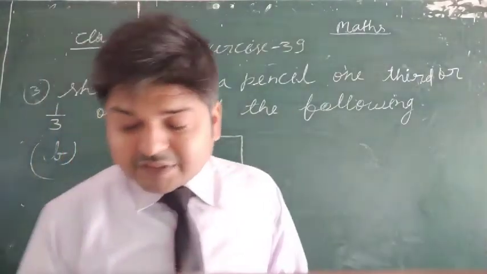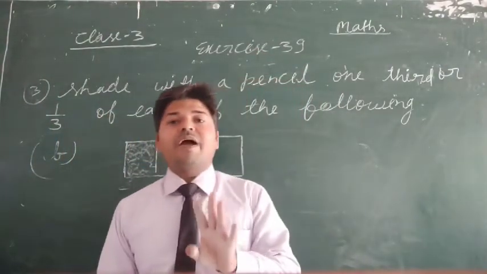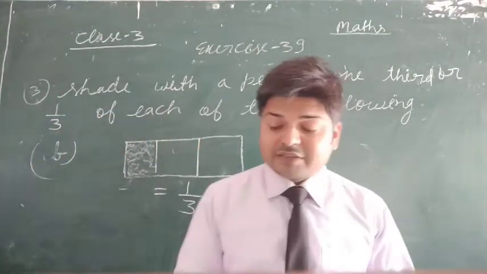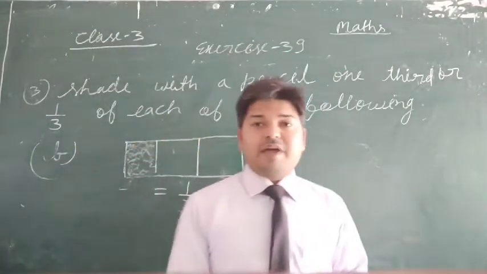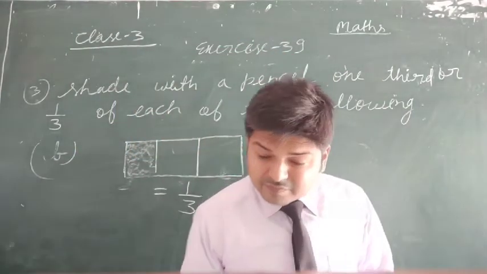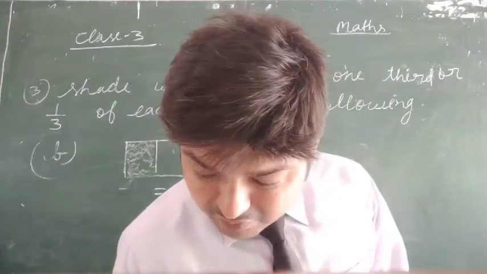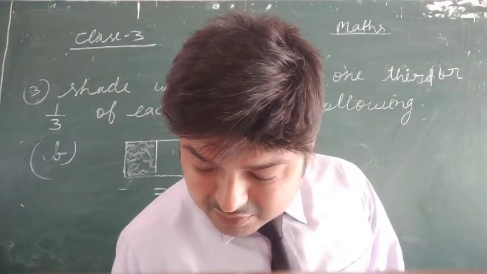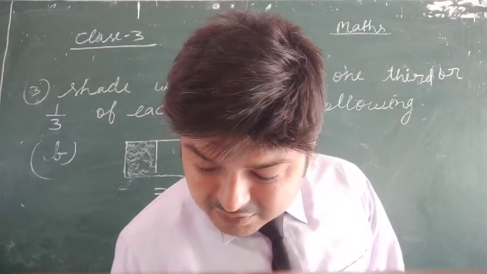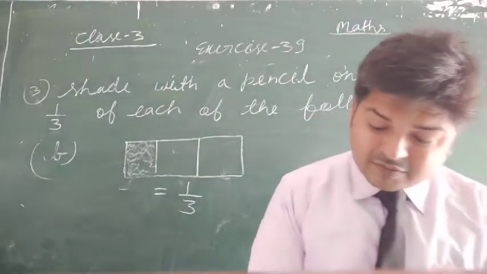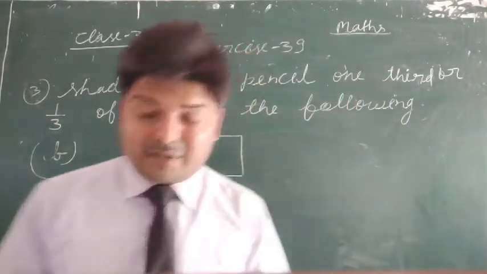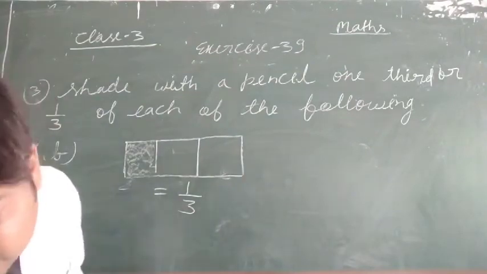In question number 6, out of 4 parts you have to color 3 parts because there is given 3 by 4. Okay. So like this you can solve till question number 7.